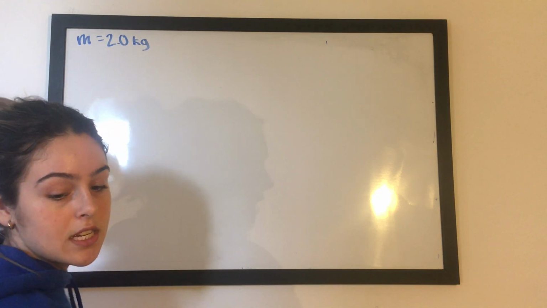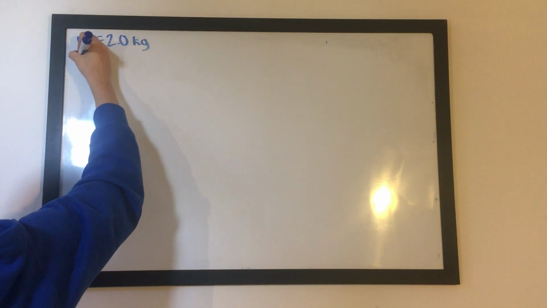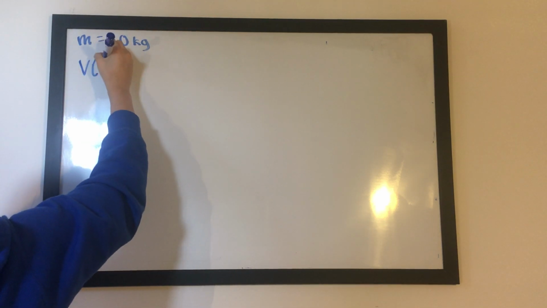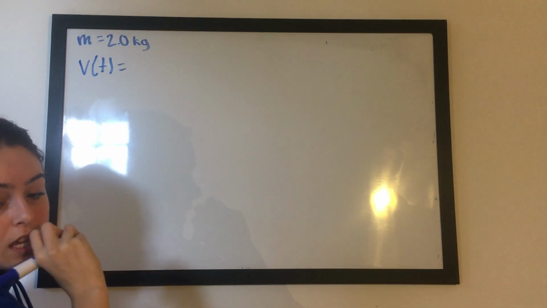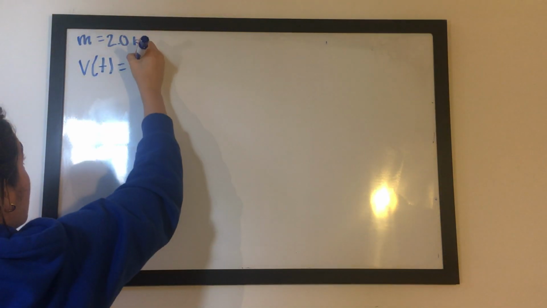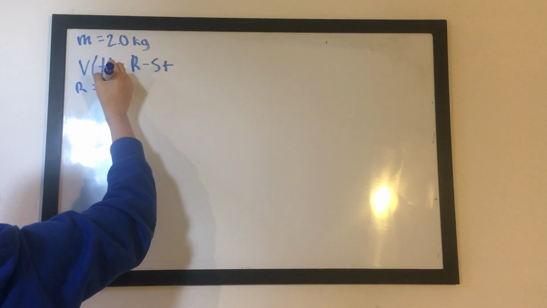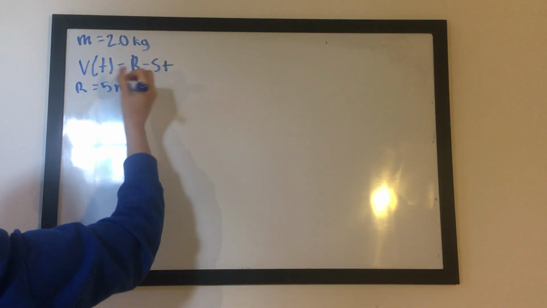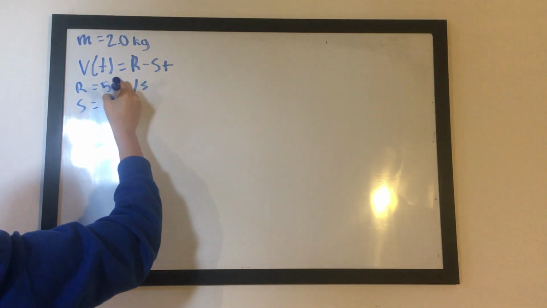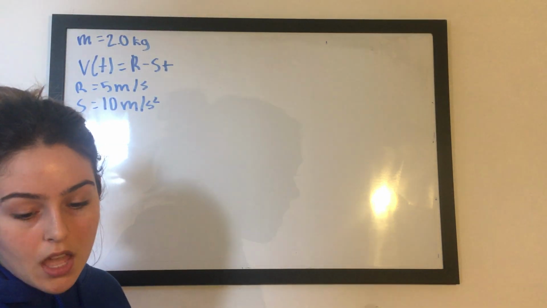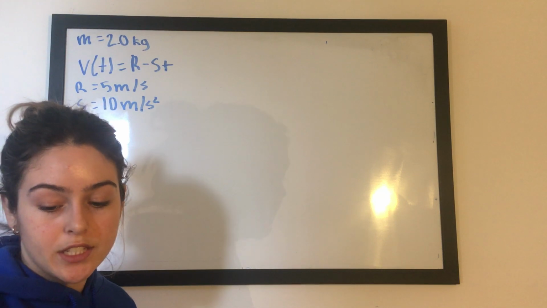The ball's velocity is given as a function of time by the equation v is equal to r minus st. We know r is equal to 5 meters per second, and s is equal to 10 meters per second squared. The positive direction is upward.